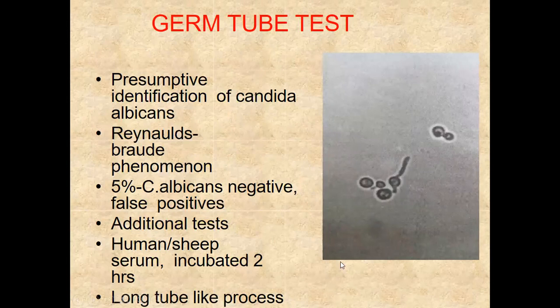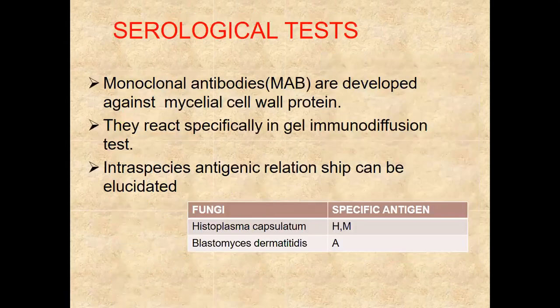The specimen we are going to use is human serum, and it should be incubated for around 2 hours for production of this germ tube-like structure. So this test is called the germ tube test.